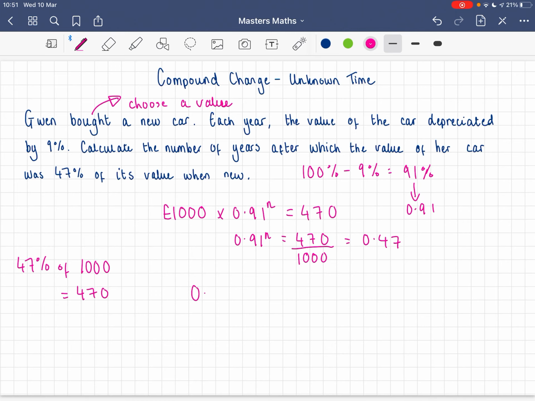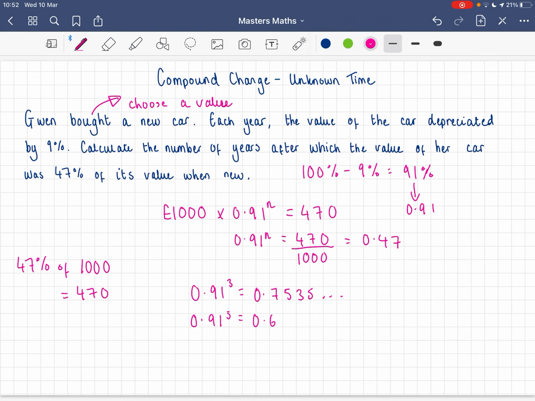So we need to keep raising 0.91 to a power until we get 0.47. So what should I try first? I might start with 3, see what that gives me. 0.91 to the power of 3 is 0.7535, and then a few more decimal places. Okay, so I'm going to go a bit bigger. I'm going to go 0.91 to the power of 5 and see what I get then.